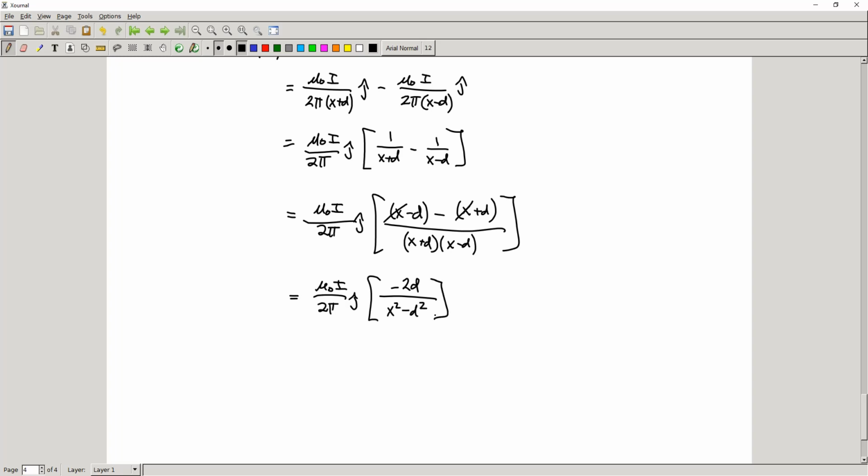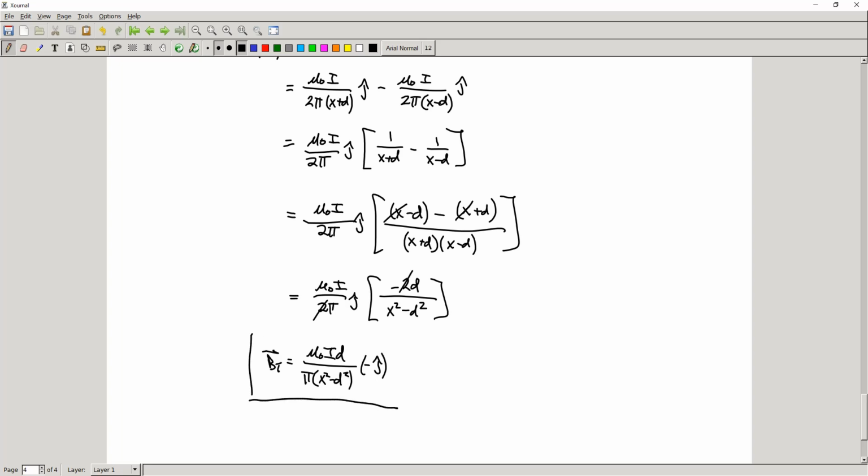Okay, a little more cleaning, we can get rid of these 2's. I'll pull the minus sign into the j just so that we have our direction set up for us, and then we're going to have a B total, which is going to be equal to mu naught I, still have a d upstairs, and then a pi times x squared minus d squared in the basement, times minus j hat.